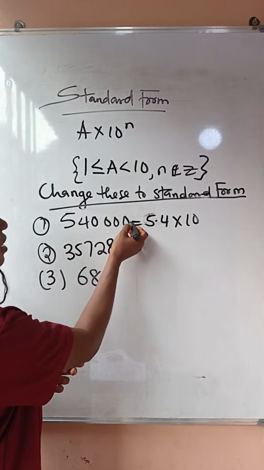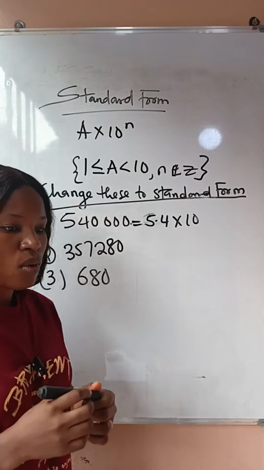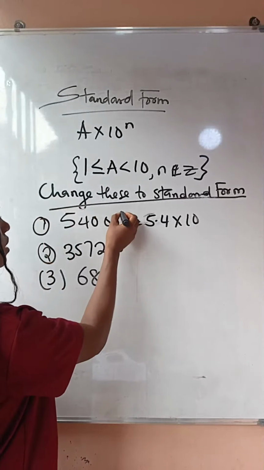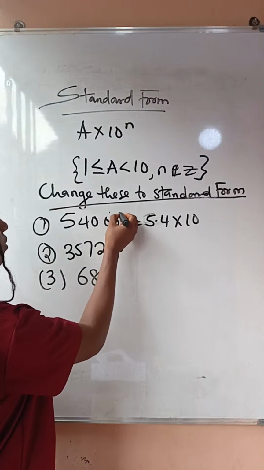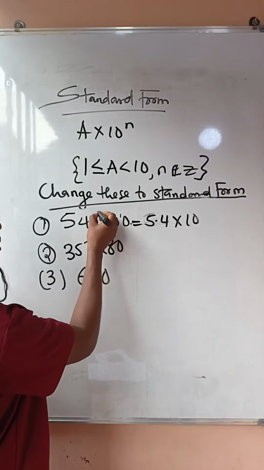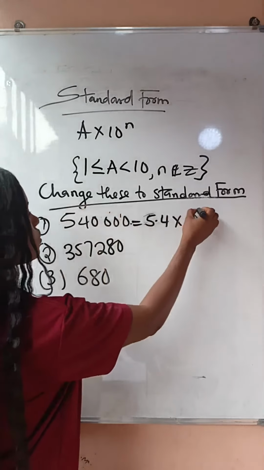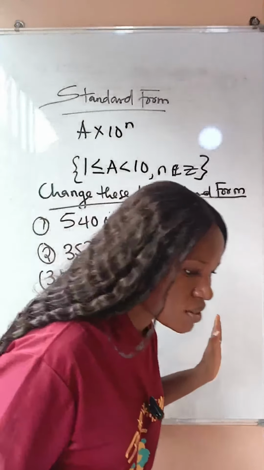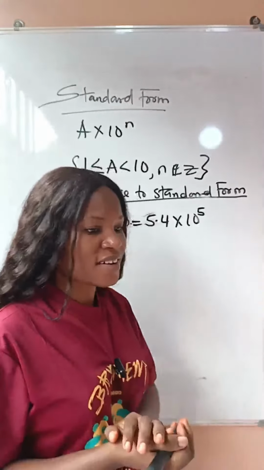Now we shifted our decimal point how many times? This is where the decimal point was before we started taking it to the other side. So we have 1, 2, 3, 4, 5. So it's going to be positive 5. If this is what you got, then you are correct.